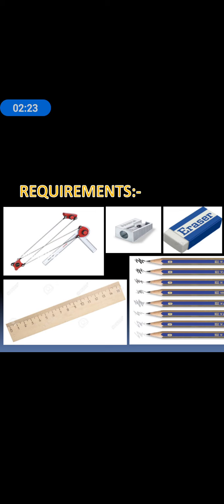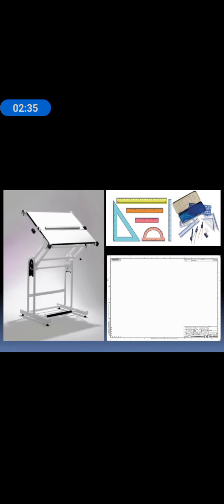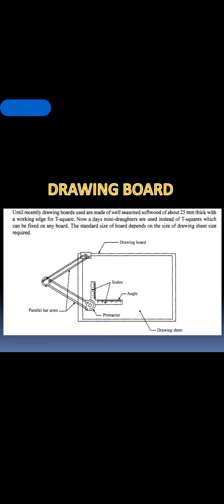The first one is mini drafter, scale, different types of sheets, different types of pencil, eraser, sharpener, compass, protractor, different types of drawing board and etc. In this drawing board we will use the A1 size drawing sheet, or you can say use the A2 type drawing sheet.